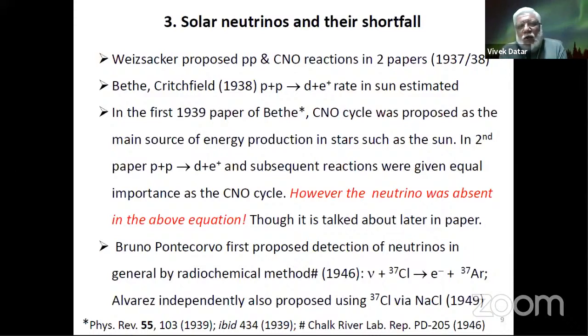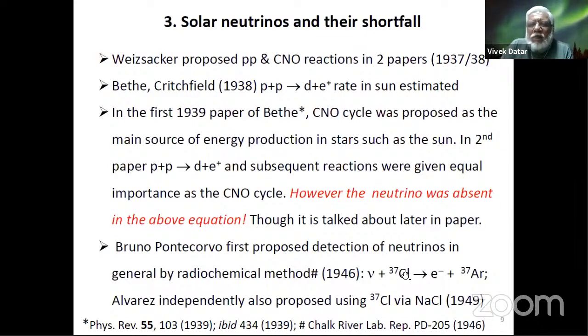Now, Louis Alvarez, who is also a Nobel laureate for measuring lots of nucleon resonances and other hadrons using bubble chambers at Lawrence Berkeley Lab, proposed using sodium chloride. He also proposed using CCl4, that is carbon tetrachloride, which contains chlorine.